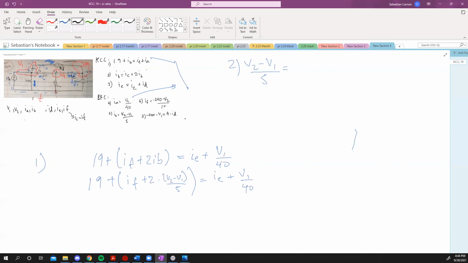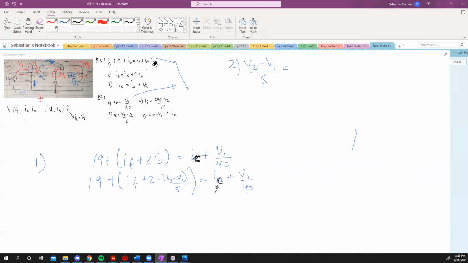Number 6 would be IC, and then your equation at the bottom. Wait, not IE. If we go back and undo what you did on the bottom there, this one is number 1, our first equation. So that's IC, not IE.